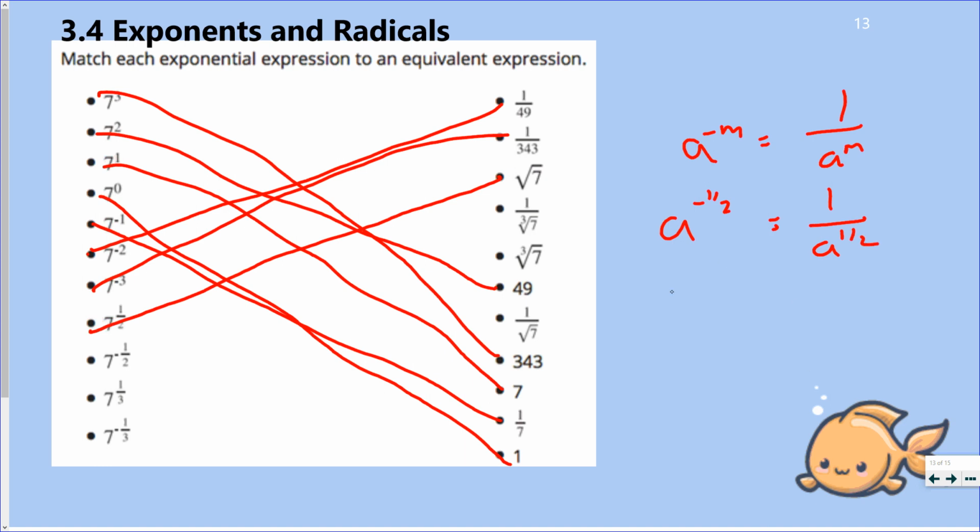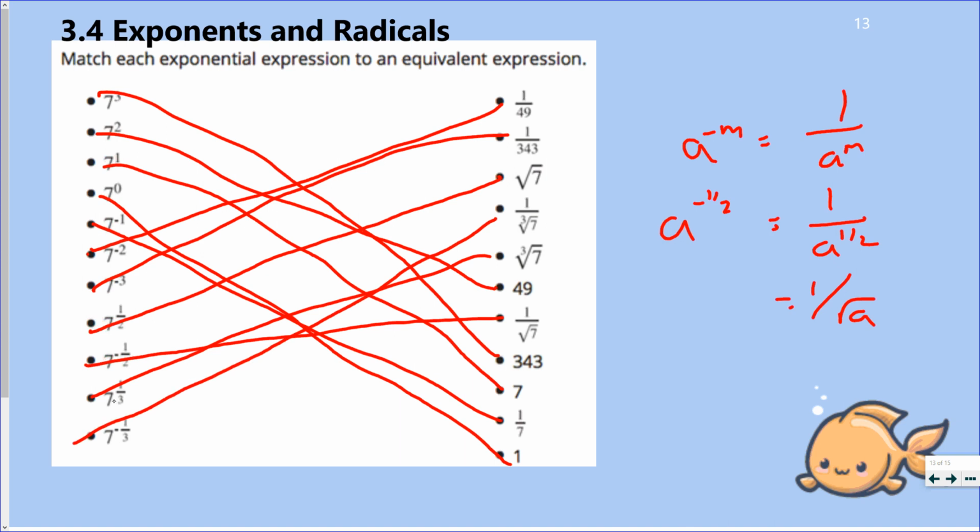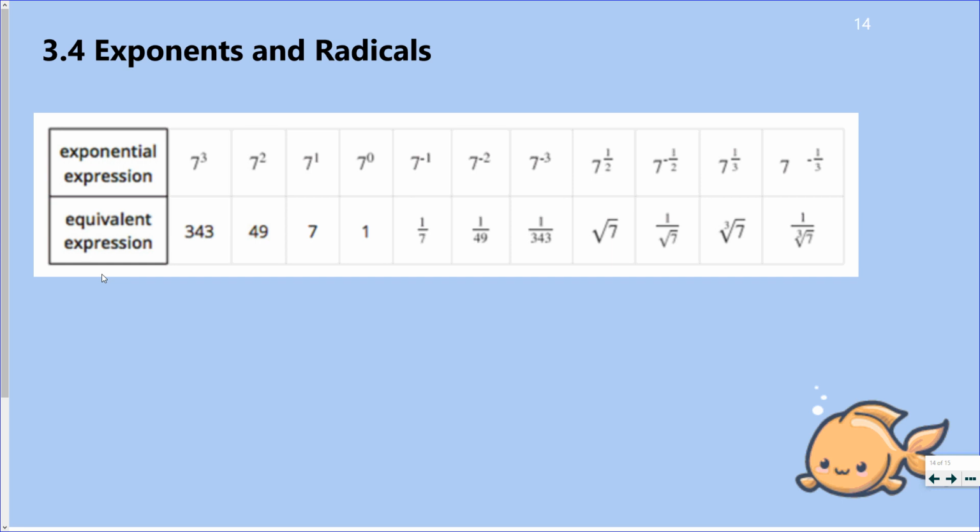So it's going to be 1 over the square root of that number. One-third exponent, that's cube root, and a negative exponent fraction. There we go. Easy enough to match them up, I think.